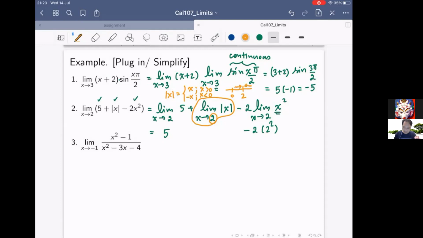So this absolute value function under this consideration will take a value x. So it will just be a polynomial x, right? So as your x goes to 2, then it goes to 2 as well. So this one will be 5 and 2 is 7, and then minus 8, right? So it's -1.